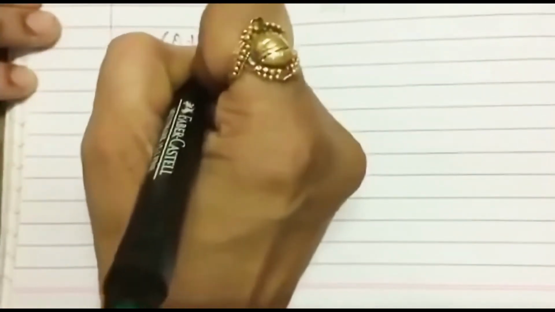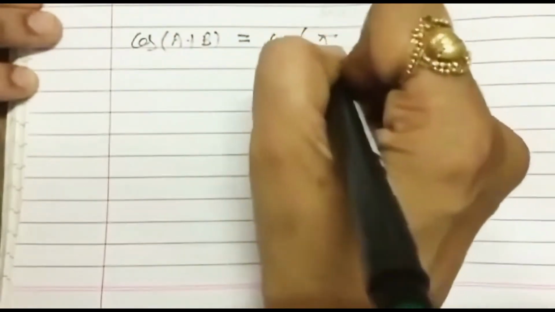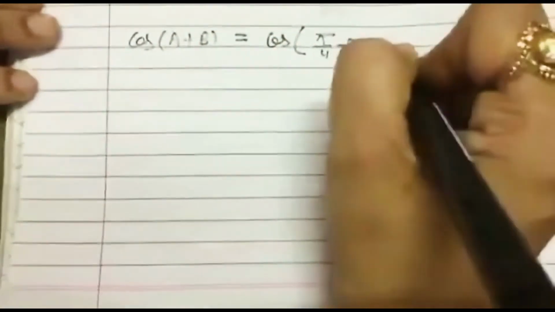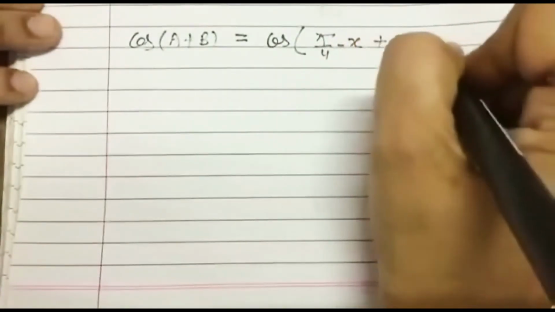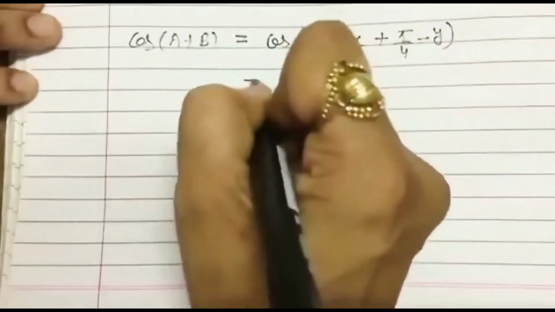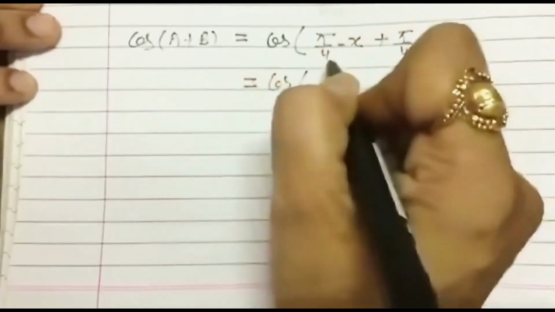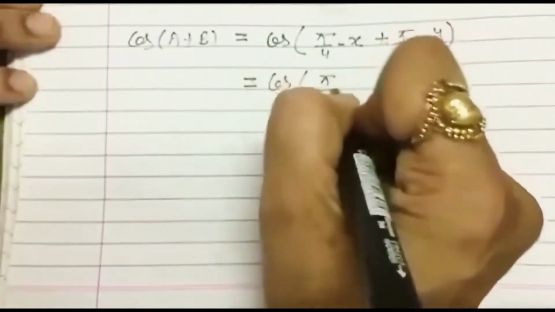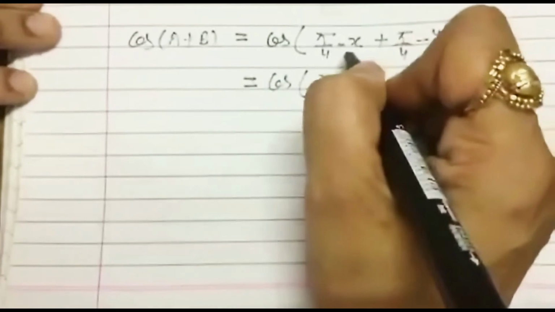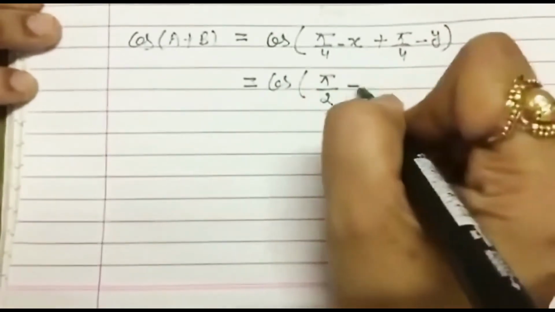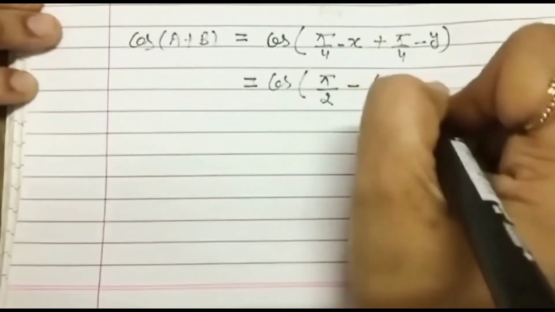So we will get cos(a plus b) is equal to cos((pi by 4 minus x) plus (pi by 4 minus y)). Pi by 4 plus pi by 4 is pi by 2, and from x and y, minus common, it's x plus y.